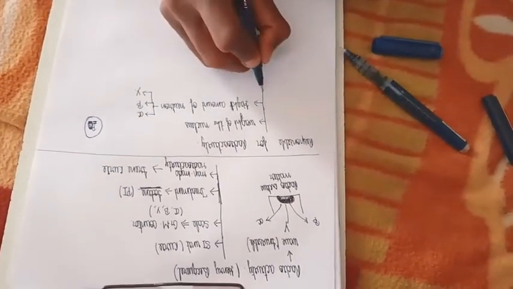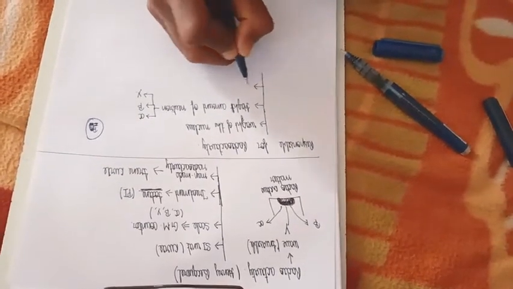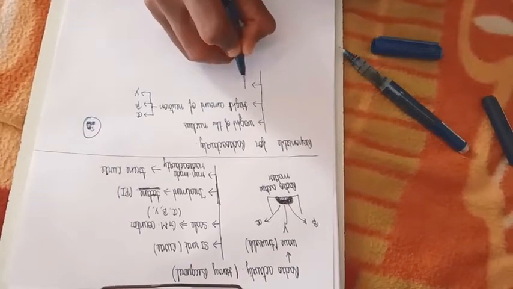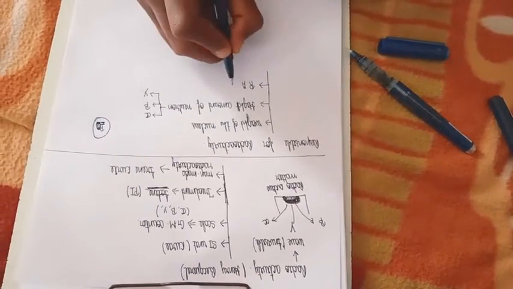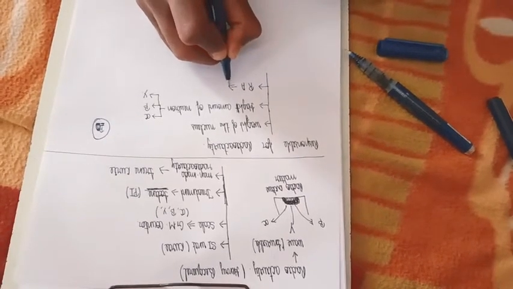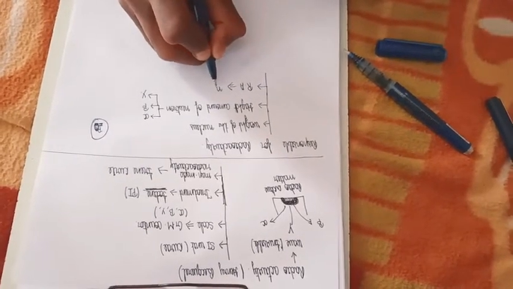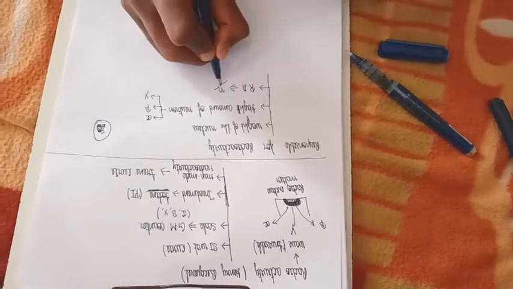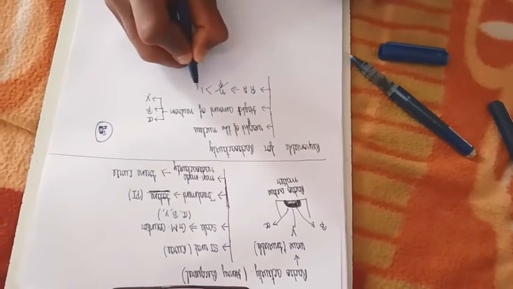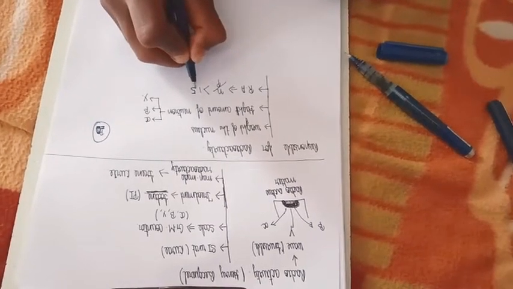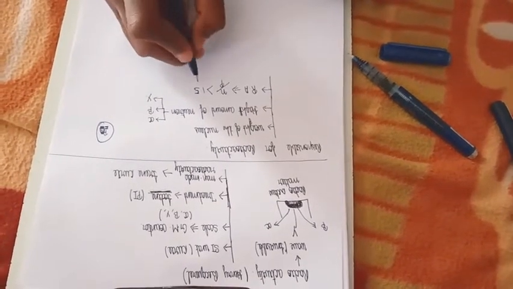And the third point, how can we say that this matter or element is radioactive? To calculate that, if neutron divided by proton is greater than 1.5, then the element is radioactive.